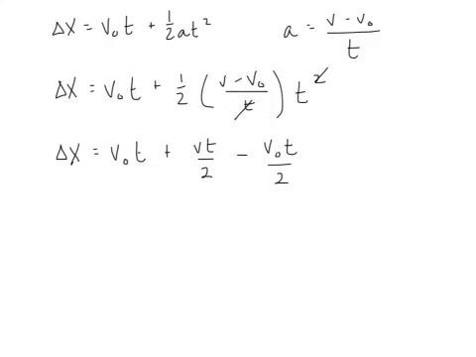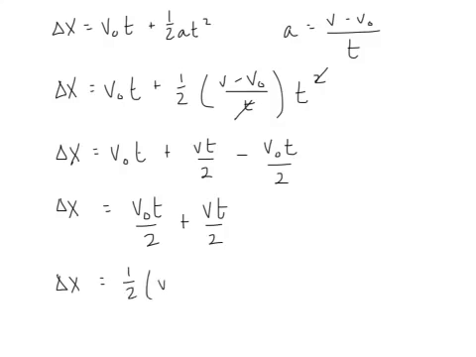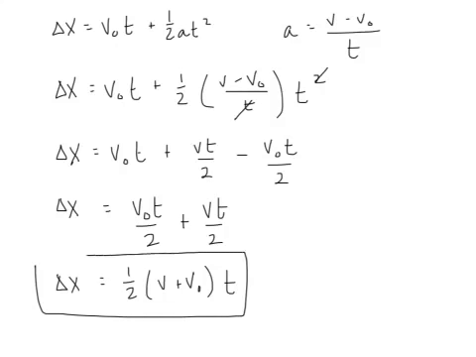Since v naught t minus v naught t over 2 is v naught t over 2, I get delta x equals v naught t over 2 plus vt over 2. By slightly rearranging the equation, factoring out the 1/2 and the t, I get delta x equals 1/2 times v plus v naught, times t. So there is our fourth kinematic equation.